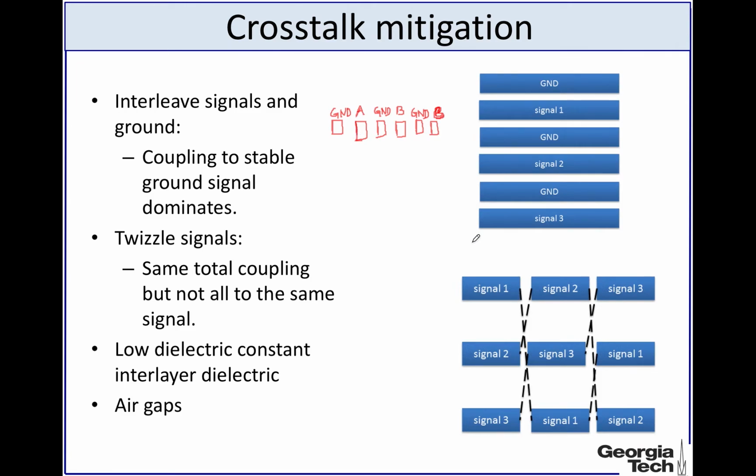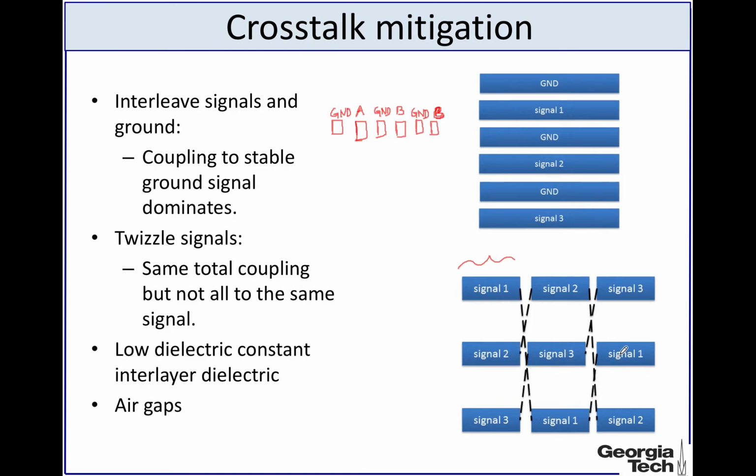Another way is to twizzle the signals, meaning that you don't put two signal carrying metal lines adjacent to each other for an extended length. For example, say signal 1, signal 2 and signal 3 are adjacent for this amount of length. Then you connect it such that signal 1 is no longer adjacent to signal 2, rather it's adjacent to signal 3.